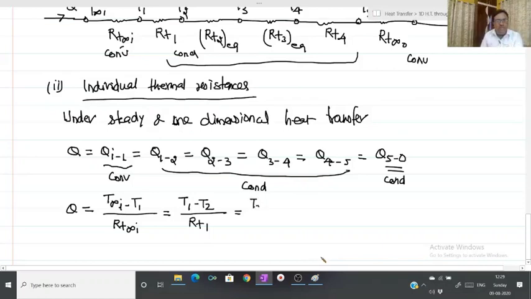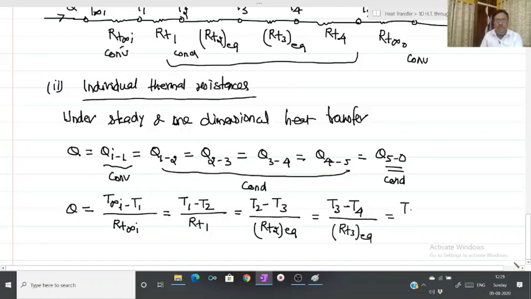So I can write the equation of heat transfer as T2 minus T3, over the equivalent thermal resistance of the second slab. Similarly, for the third slab, T3 minus T4, it is made up of 2 different materials, so it will have the equivalent thermal resistance RT3 equivalent.